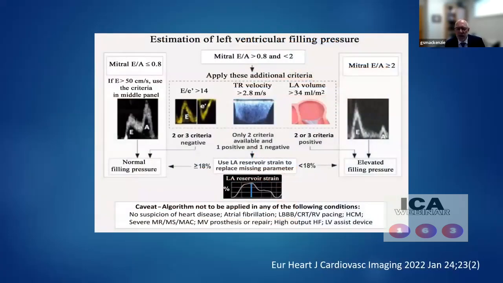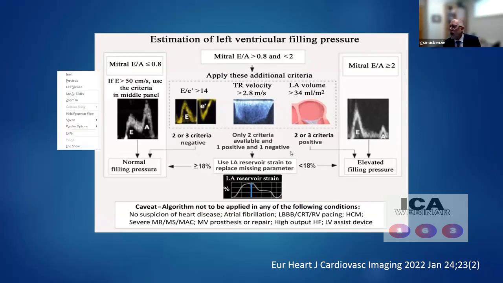And I'd like to end with this slide here, and it was recently a part of the article in the European Heart Journal of Cardiovascular Imaging on multimodality imaging in patients with HFpEF. And it's very interesting because what you see here is really the second algorithm that I've been discussing. What these authors have suggested is using LA reservoir strain to replace a missing variable.